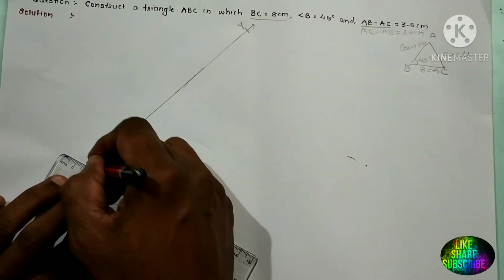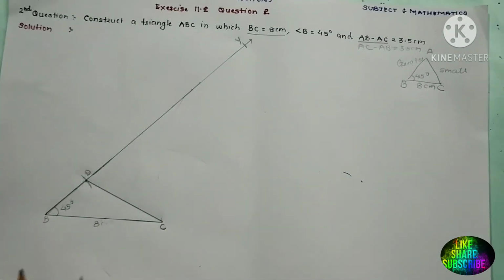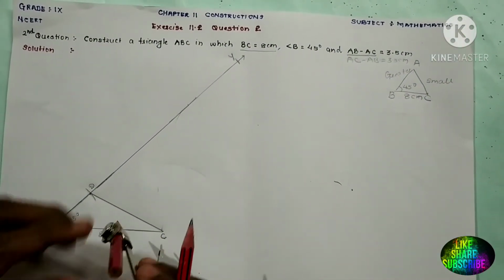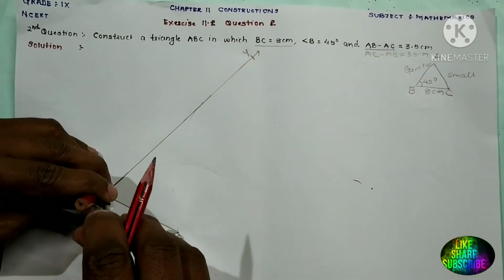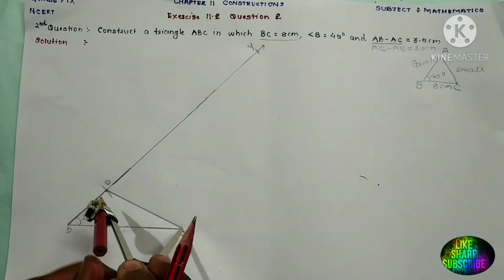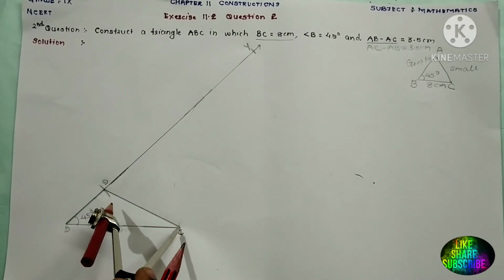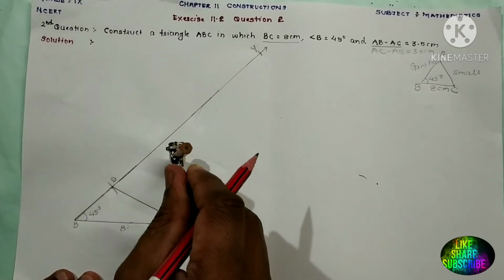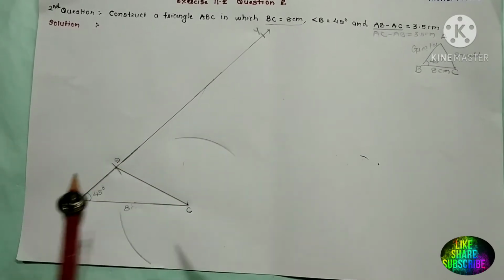So next step is you have to draw the perpendicular bisector of this DC. So this is the full distance. While taking the perpendicular bisector, you have to take a distance more than half of this DC. So this is more than half distance I have taken, and you have to mark 4 arcs. So this is the first arc, and this is the second arc.